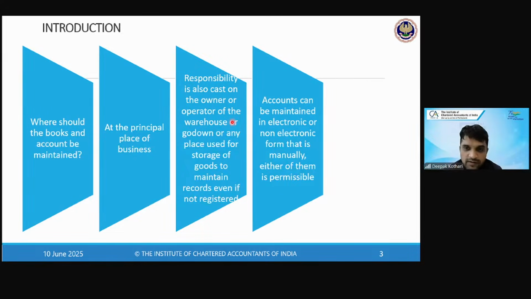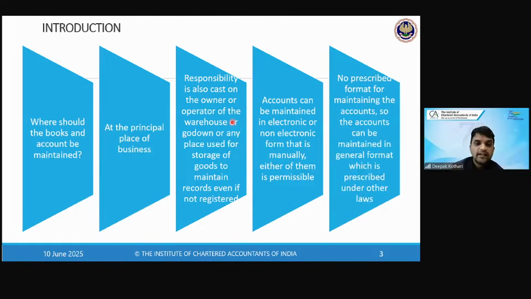Both options are possible. So e-invoice has to be run, but accounts can be maintained in either electronic or non-electronic form.